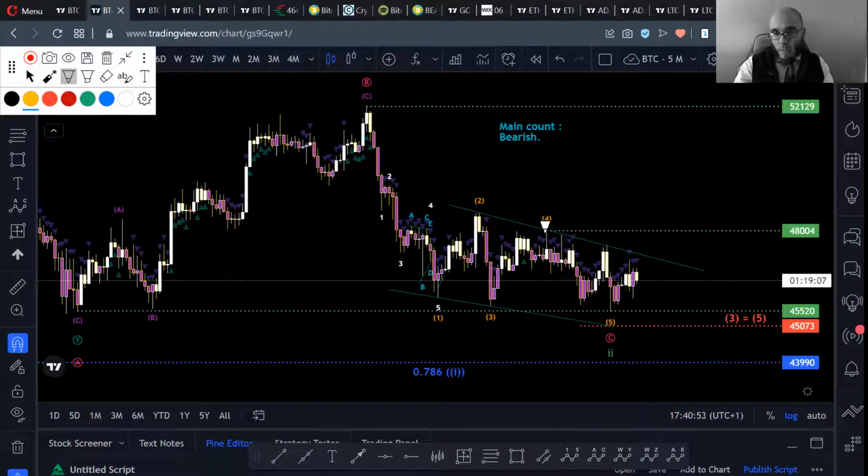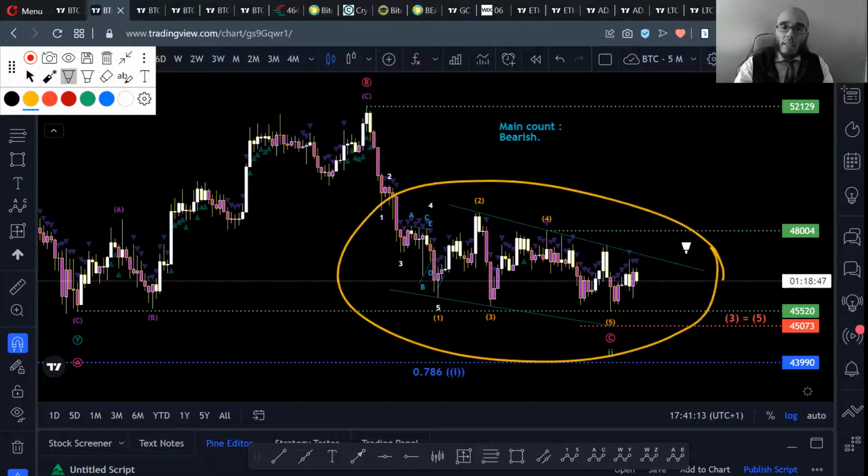So if wave 5 goes below that level, it will be the shortest wave, since at this level, wave 3 equals wave 5. And that's the most we can retrace in order to keep that diagonal count alive.